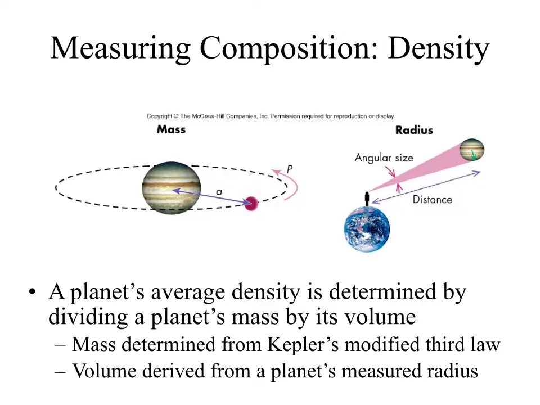As you know, Kepler's law shows that the square of the period is proportional to r cubed, and the volume is derived from the planet's radius.